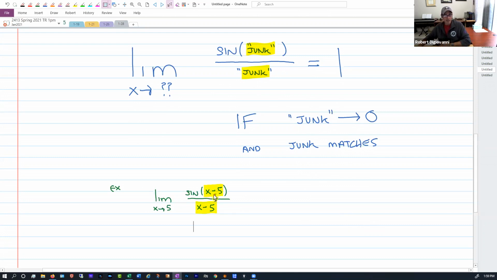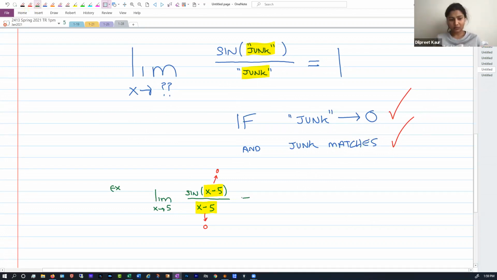They're exactly the same, x minus 5, x minus 5. And if I let x go to 5, don't these go to 0? So not only does the junk match, the junk goes to 0. So what can you tell me the answer is? 1. Okay, there's no work. You just have to make sure that it looks right, and then you can conclude that.